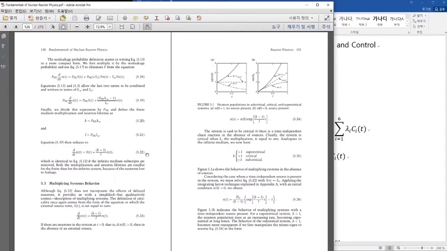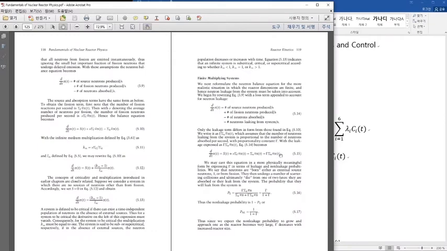To derive equation 5.22, we simply introduced the capital gamma factor, with the basic assumption that the number of neutrons that leak out of the system is proportional to the number of neutrons in the system.